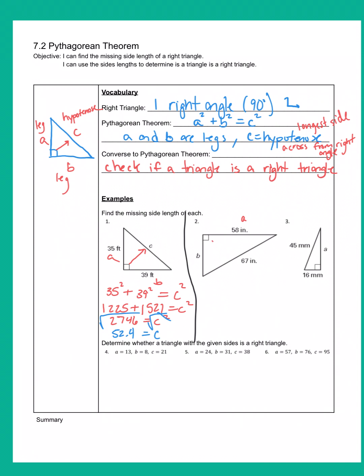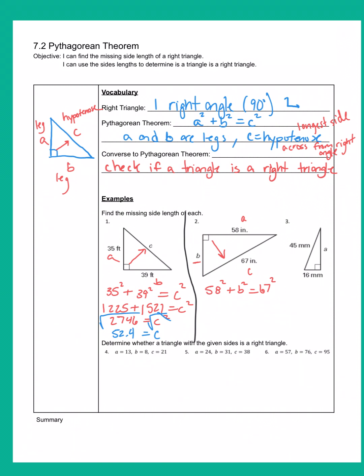And the one right across from the right angle always has to be c. So a is going to be 58 squared plus b, we don't know, so it's just going to stay b squared, is equal to c squared, and c is 67, so 67 squared.